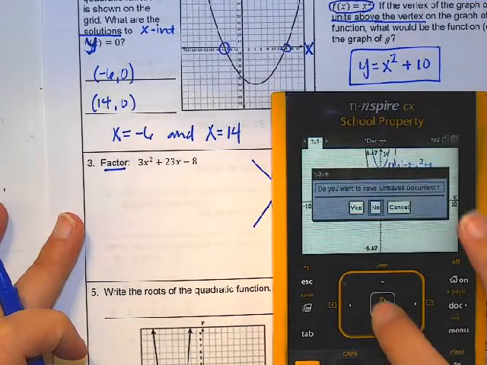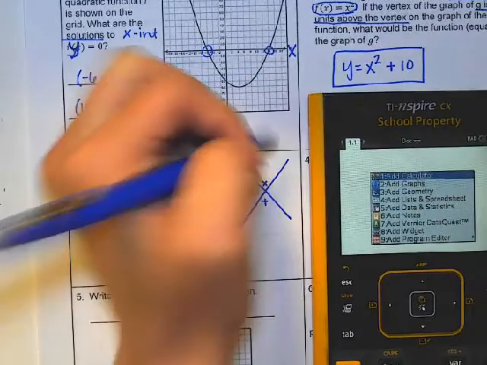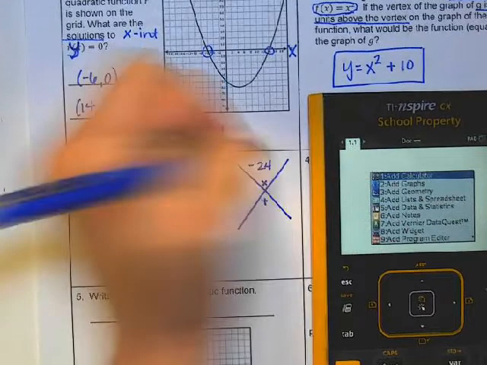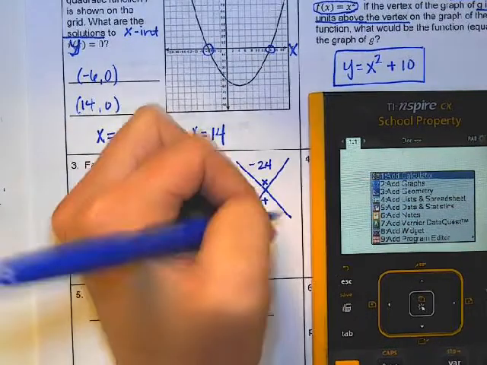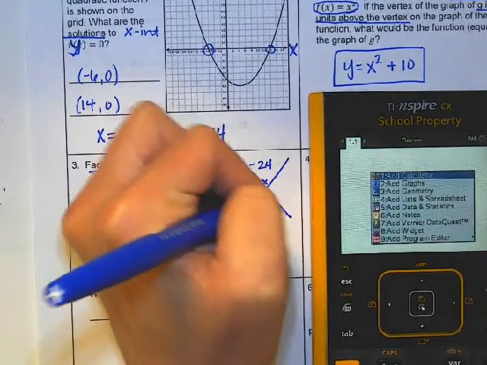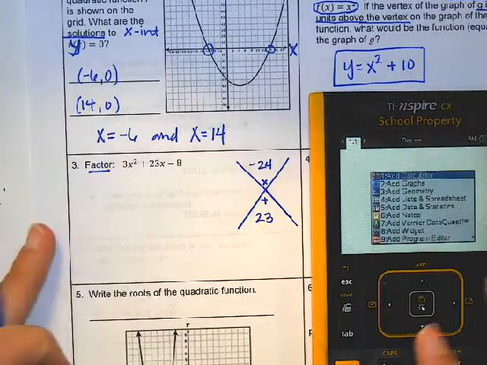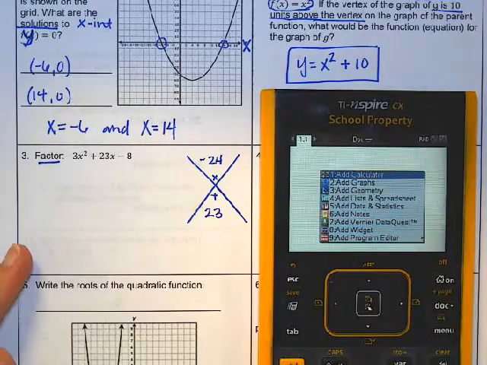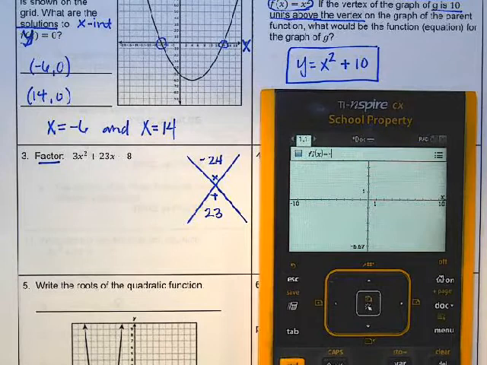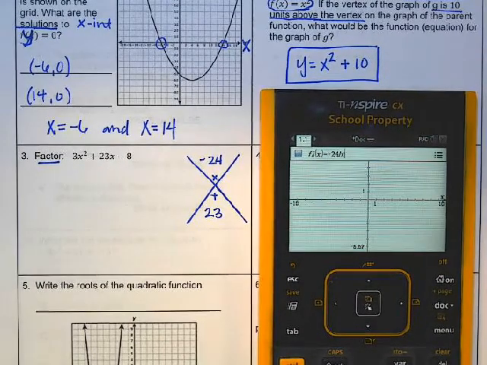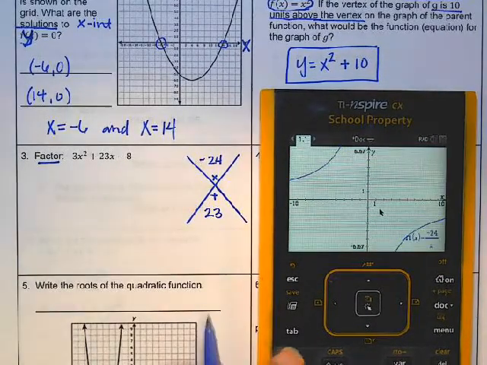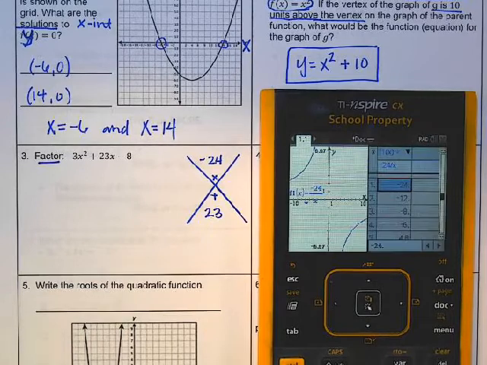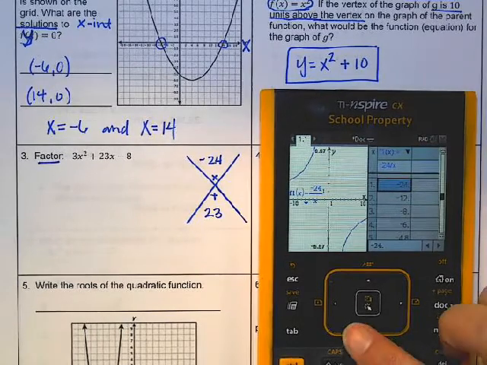So I'm going to do 3 times -8 is -24 on top. The bottom is going to be the middle number, +23. Then I go to my graph and I do -24 divided by x. And I'm trying to find two numbers that add together to get +23.